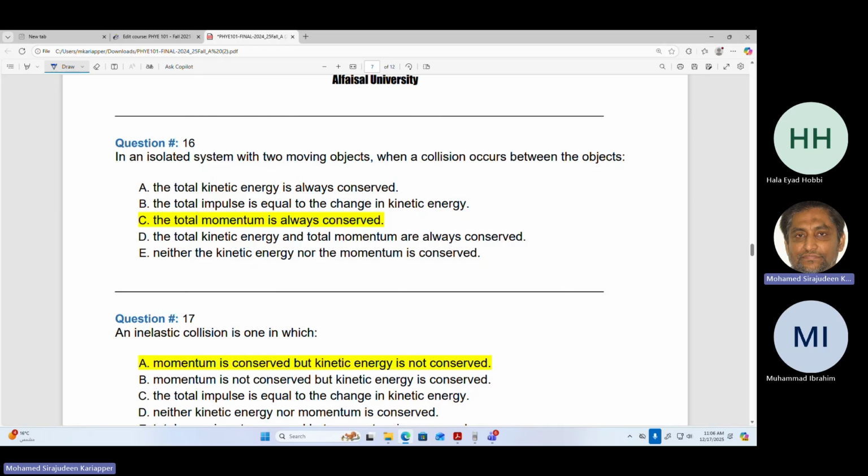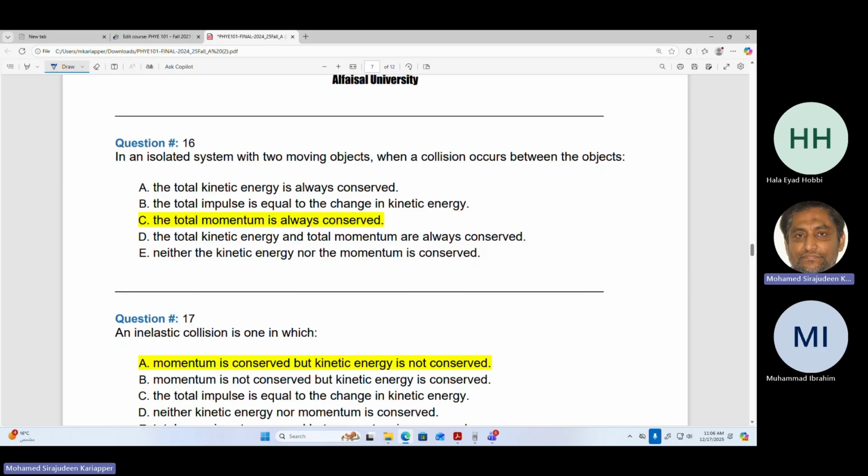But even when it is not isolated, as in a normal collision, there are external forces, but we say that during the collision, it is a very short period of time. I can ignore all the external forces because compared to the internal forces that act during the collision, those external forces are quite small.